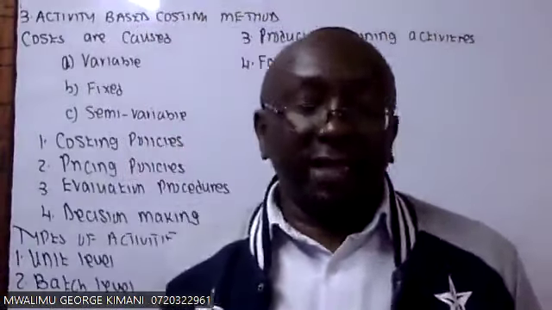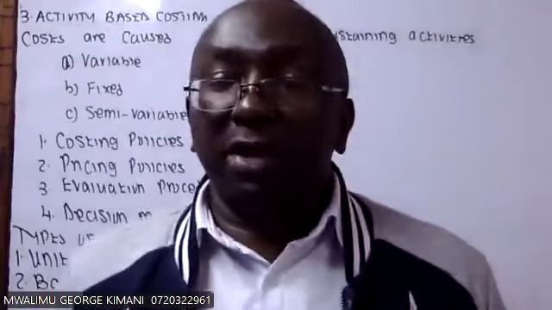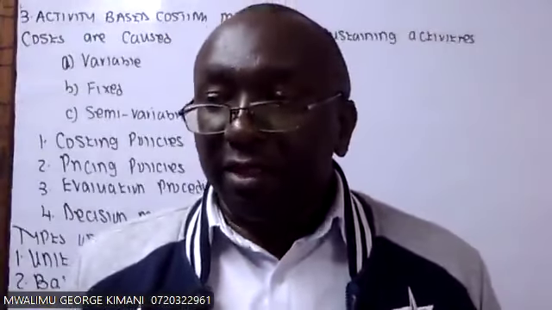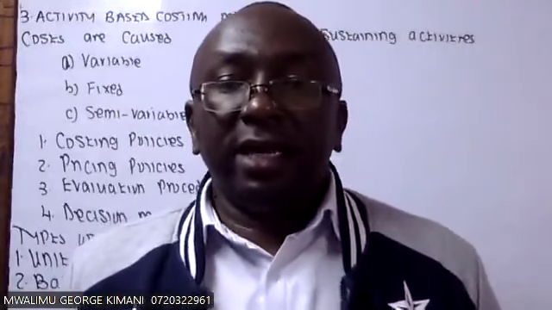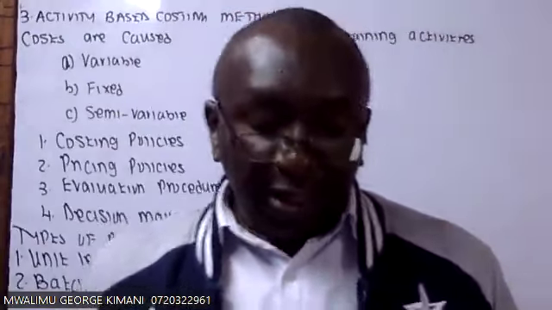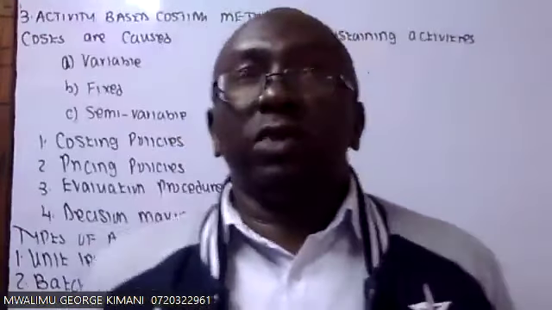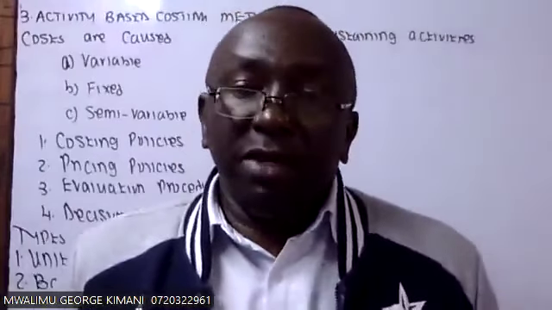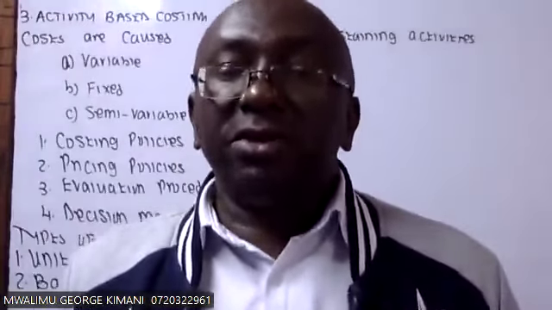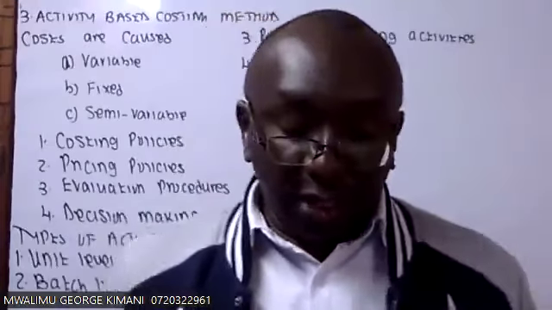We have product sustaining. These are activities that are done to ensure that our product remains competitive. These would include repackaging, redesigning, and so on. Then we have the facility sustaining, the activities that we do to ensure that our company remains a going concern. Like maybe we engage in research, we acquire properties, and so on.